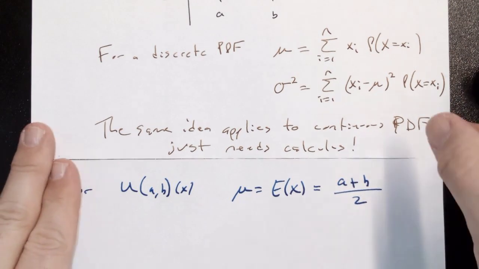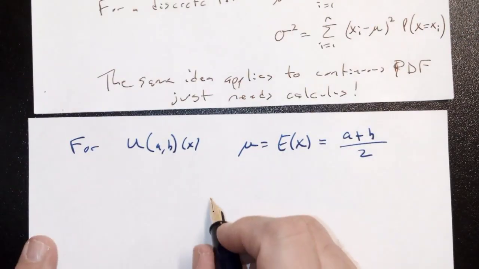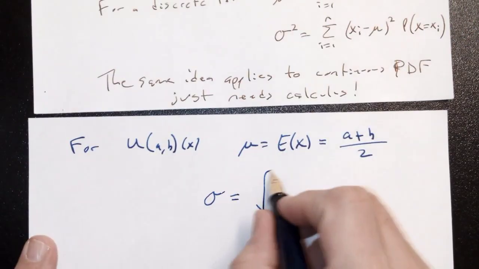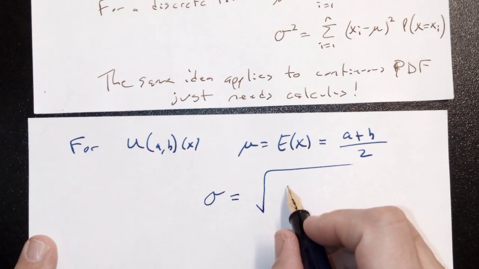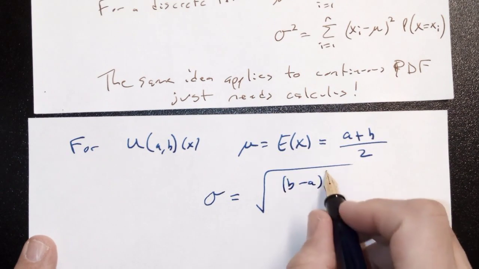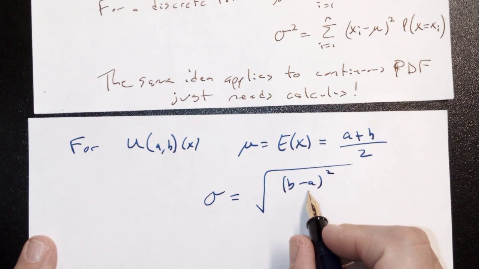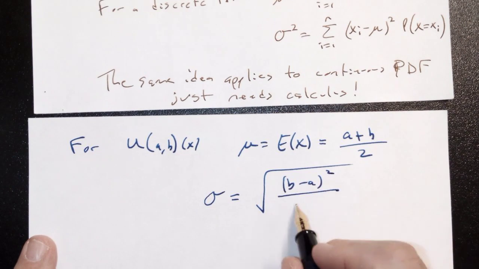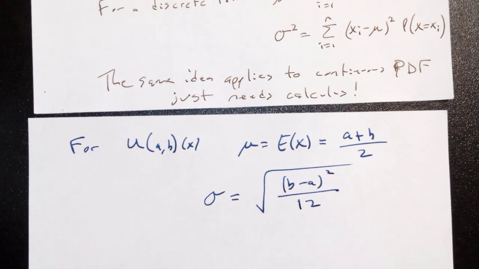For the standard deviation, the only difference is that I don't add the 1. The reason I don't add the 1 this time is because you can't count the actual edges.